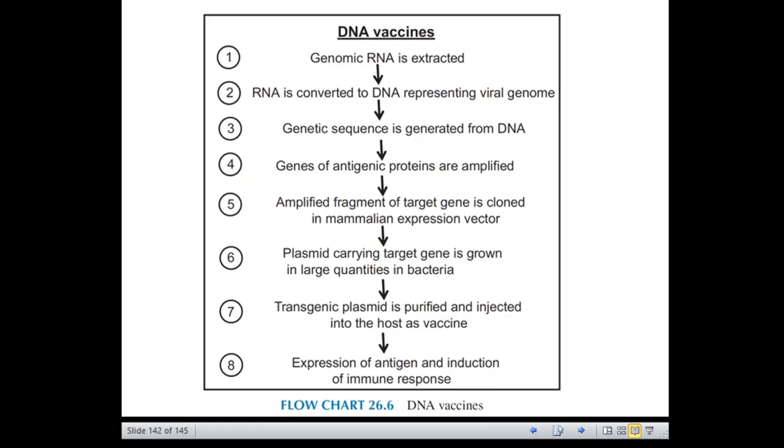Now we have the DNA vaccines. DNA vaccination is a relatively recent development in vaccine technology, and in short, it involves the direct introduction of a plasmid into the appropriate tissue containing the complete expression cassette, independently encoding the antigens against which the immune response is sought.